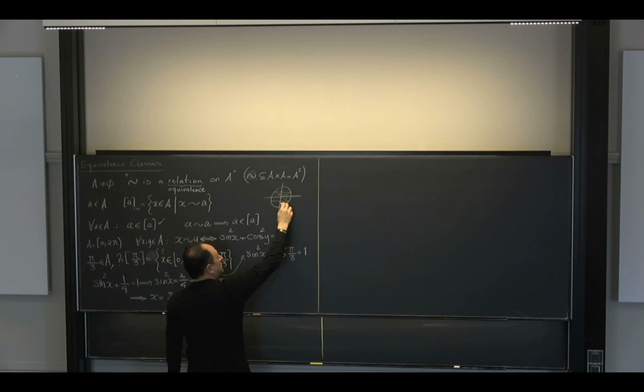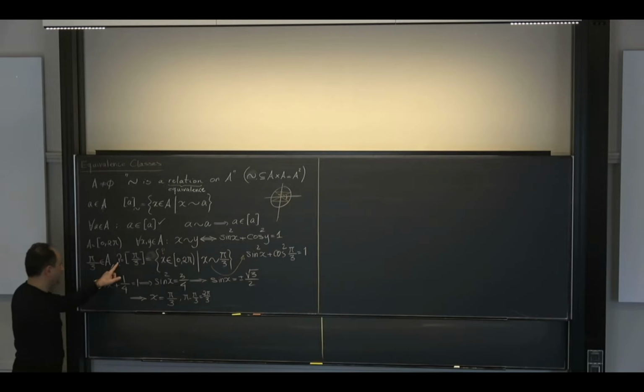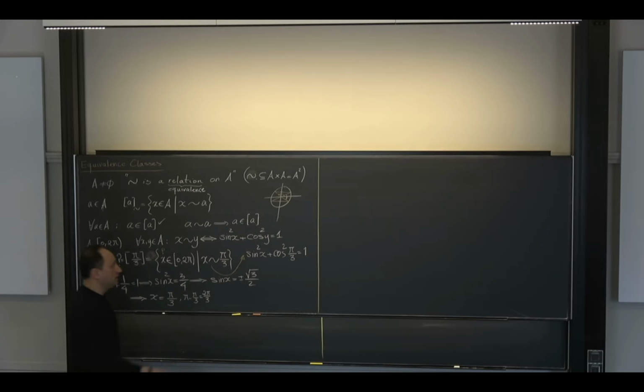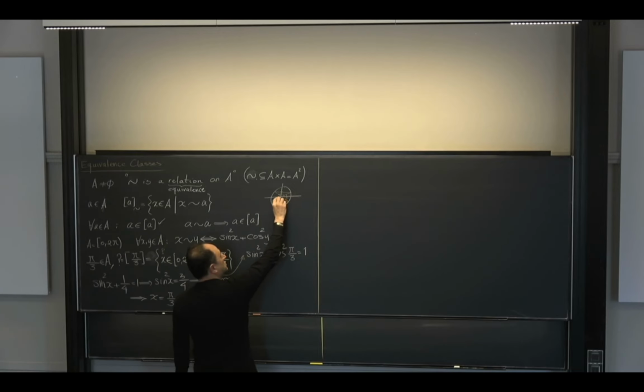yes, and this angle. But this angle is negative, and negative is not acceptable, because I have to be from 0 to 2 pi, so I have to write it in a positive way. Let me write this one first. What do you think this angle will be?